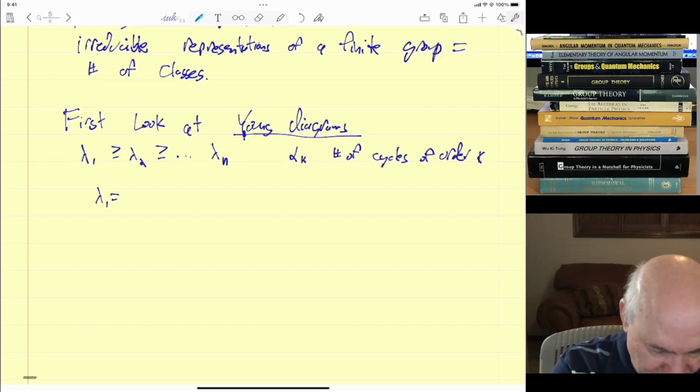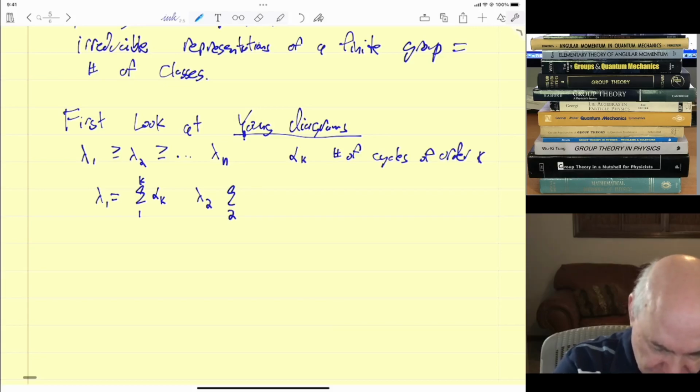Lambda 1 is the sum from 1 to k of alpha k. Lambda 2 is the sum from 2 to n of alpha k, and then lambda n is equal to alpha n.